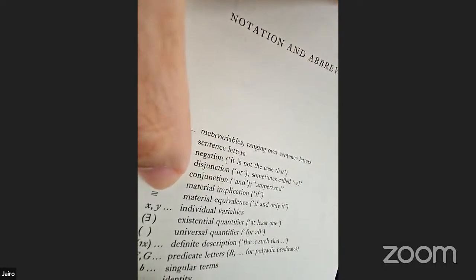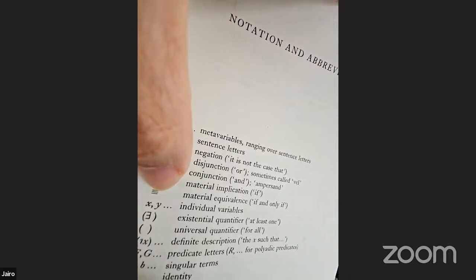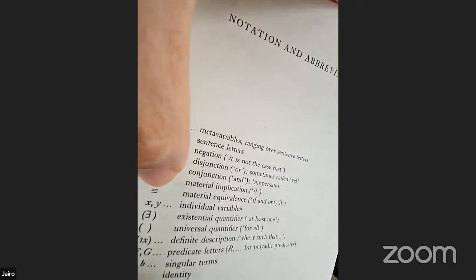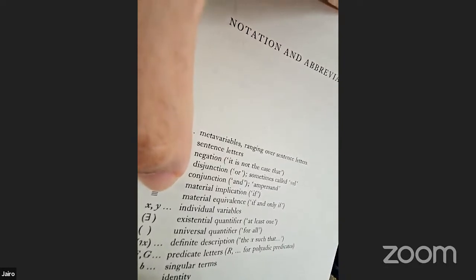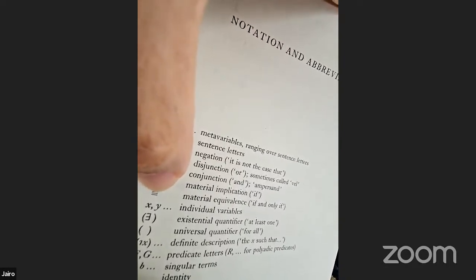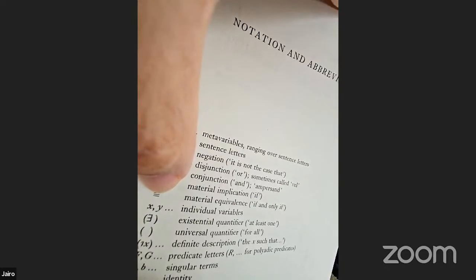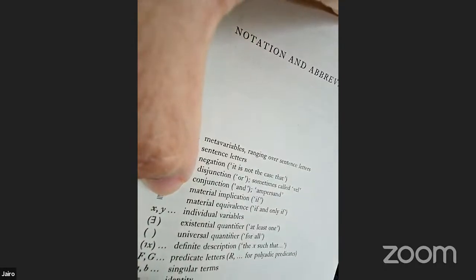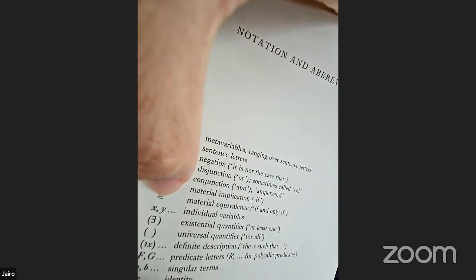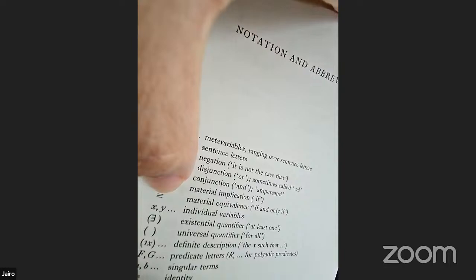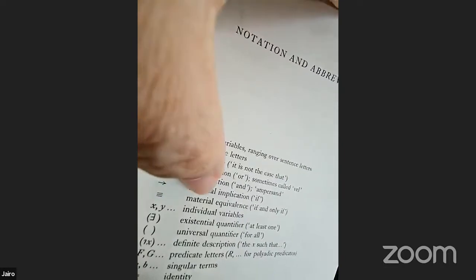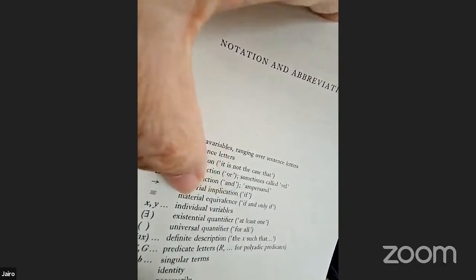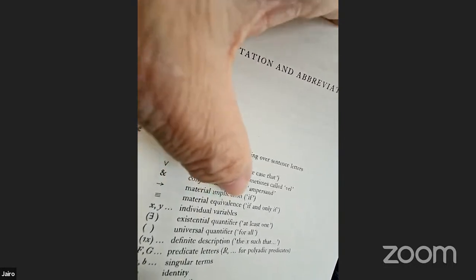Here's another symbol. It's got 3 lines stacked on top of each other, and it's more than 2 lines. So 2 lines, I would mean it to be equals. With 3 lines, so what does that mean? Oh, it's kind of like equals. It means equivalence, material equivalence.